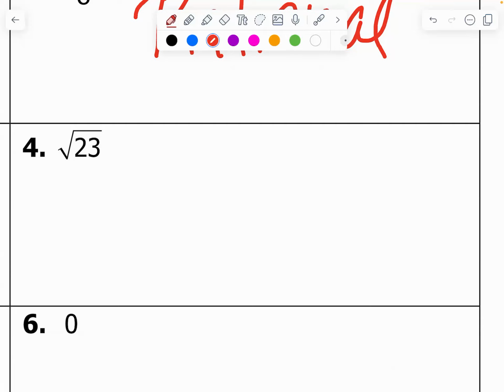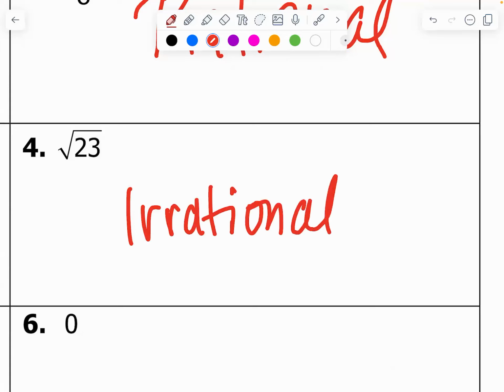It is going to be an irrational number. If you have a square root and the number underneath of it is not a perfect square, it's going to be irrational.